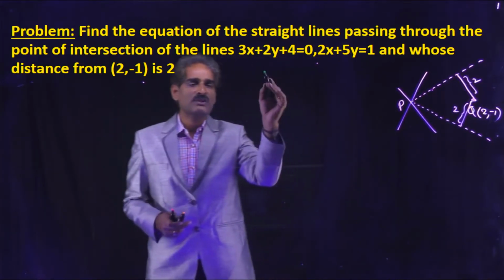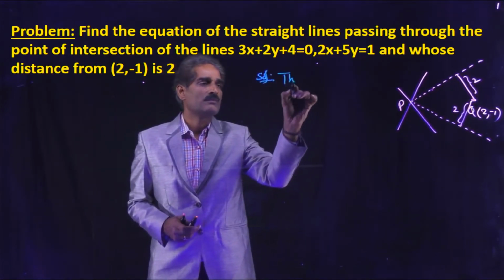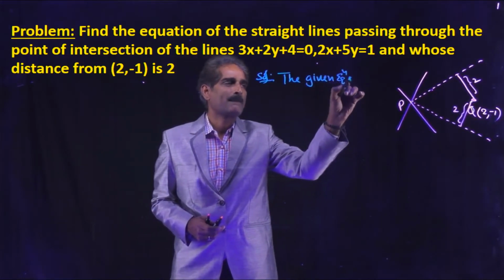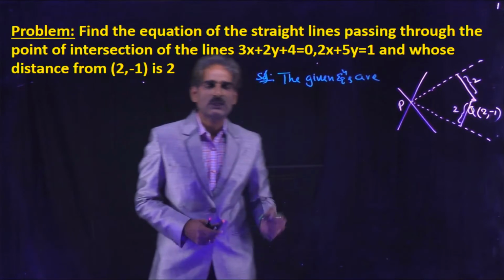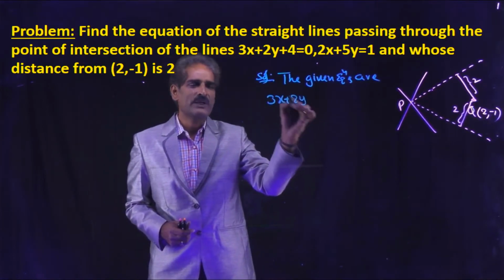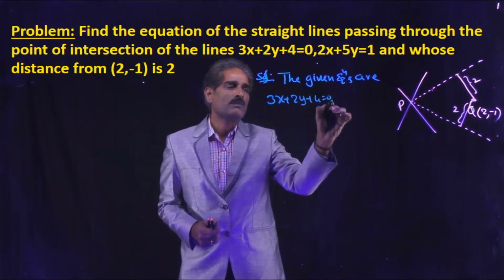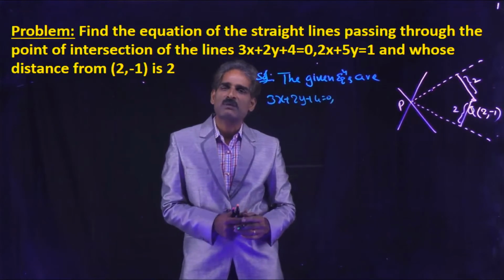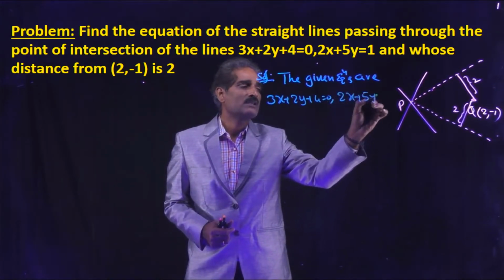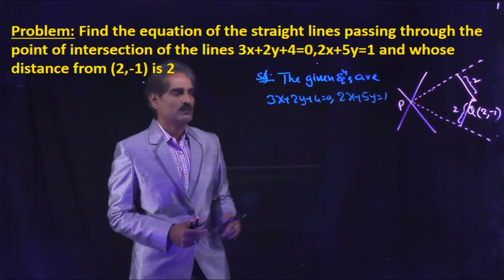The given equations are 3x + 2y + 4 = 0 and 2x + 5y = 1.